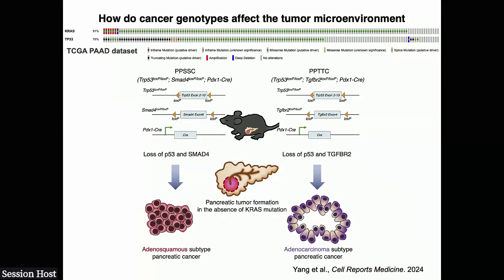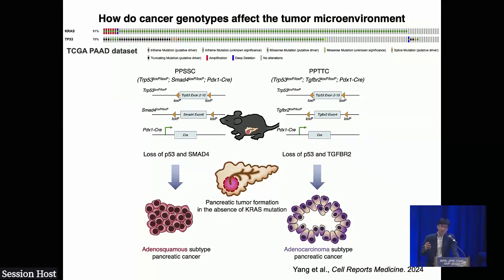And when I established my lab, I was thinking that since all of the commonly used spontaneous mouse models for pancreatic cancer in the field are based on KRAS mutation-driven pancreatic cancer, whether we can introduce a mouse model system that is independent of oncogenic KRAS. That's why in this model system, as I show here, on the left is PPSSC.